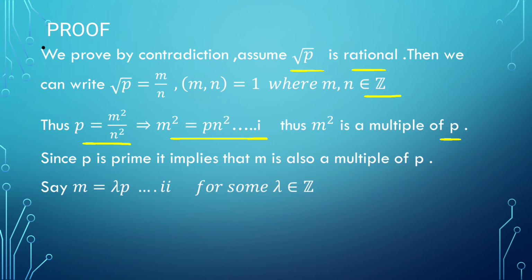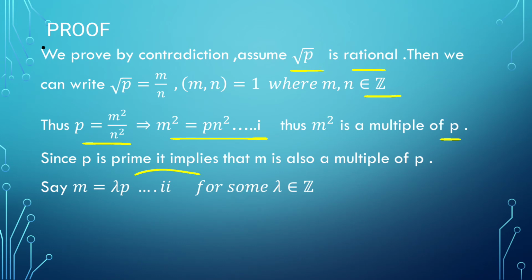How many times? P times. So m squared is a multiple of p. Then since p is prime, it will imply also that m is a multiple of p, because as far as m squared is a multiple of the prime, then m itself, which is not squared, the square root of m squared, is also a multiple of it.